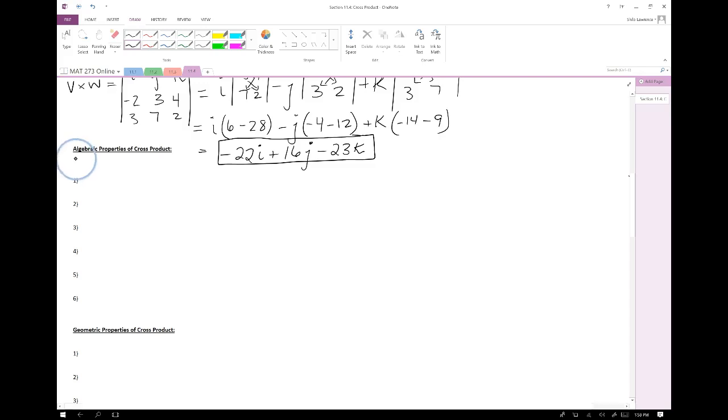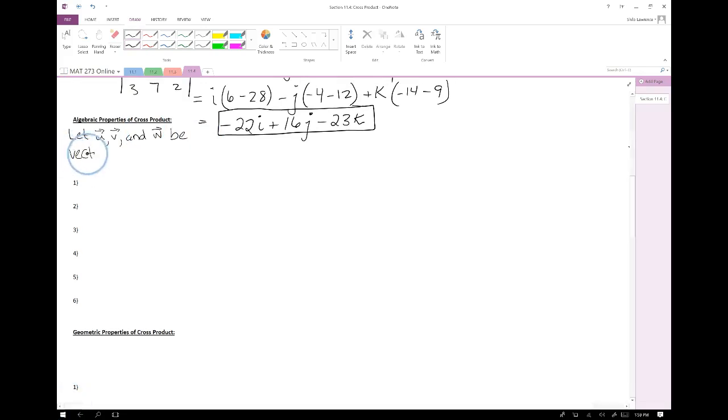So for the algebraic properties, let's just assume that u, v, and w are vectors, and let C be a scalar.